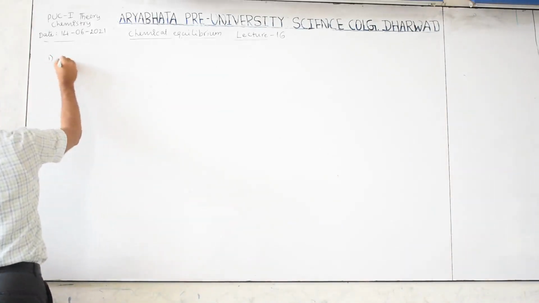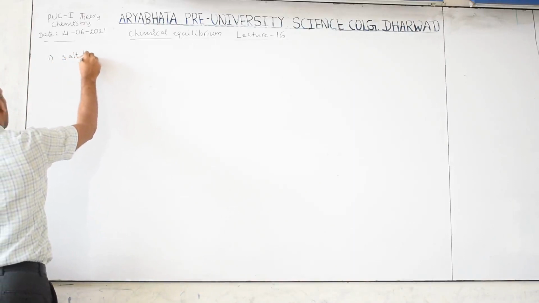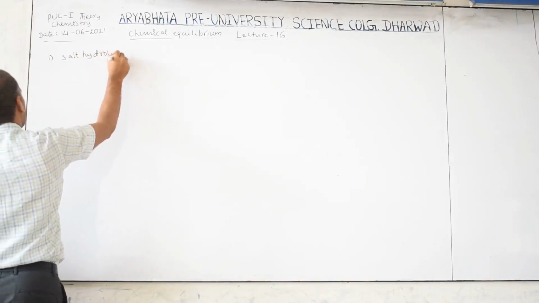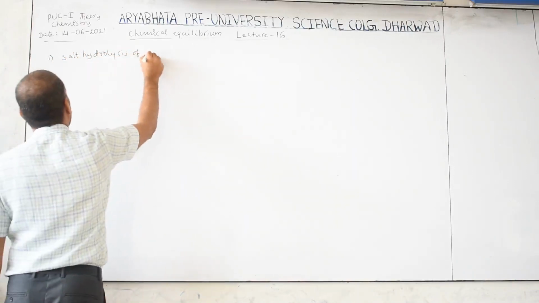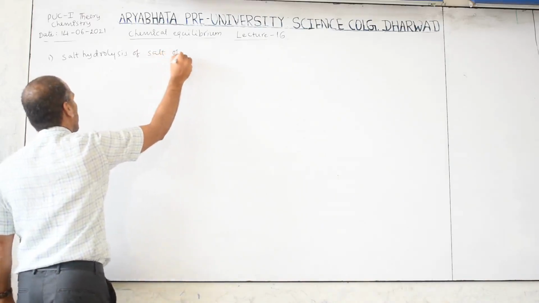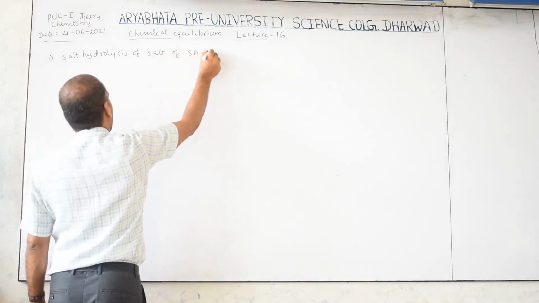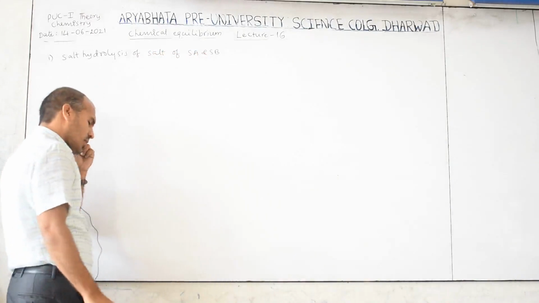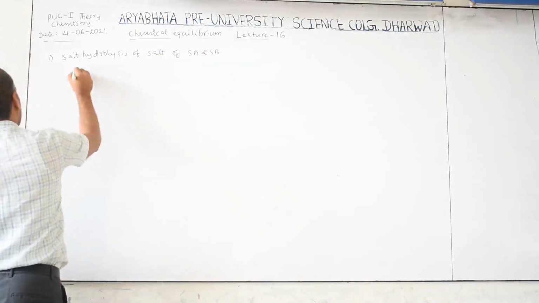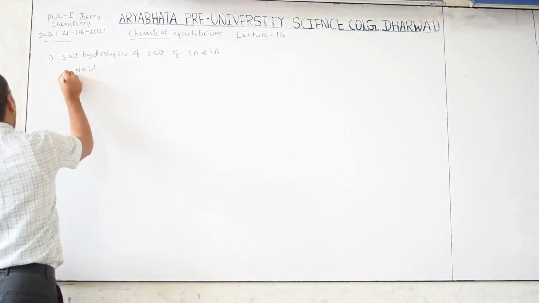In that, first is the salt hydrolysis of strong acid and strong base. NaCl is an example.